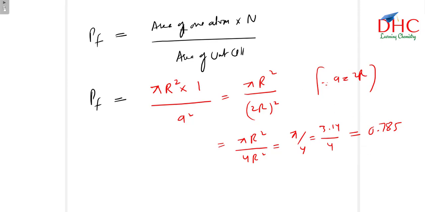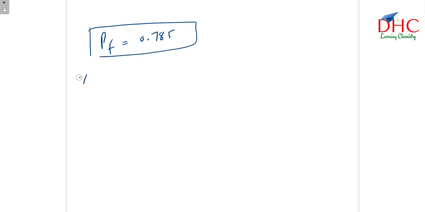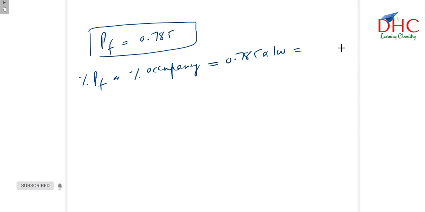0.785. तो ये जो वैल्यू निकला, this is the packing fraction. So packing fraction is equal to 0.785. This is the packing fraction. So percentage packing fraction or percent occupancy कितना निकला, that is 0.785 multiply 100, that came out to be 78.5%.